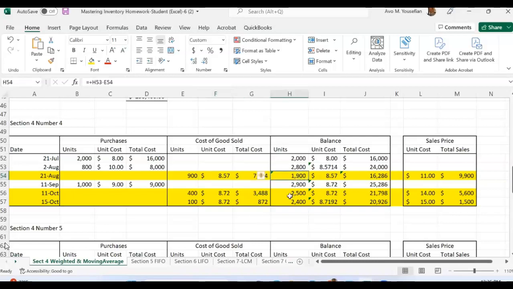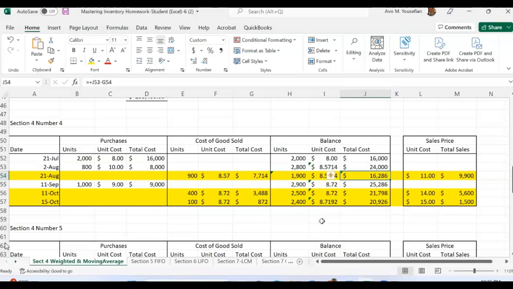You go to that cell and say whatever was at the top, which is 2,800 minus 900 sold, 1,900 units left at an average cost of $8.5714, and that gives you $16,286 left.